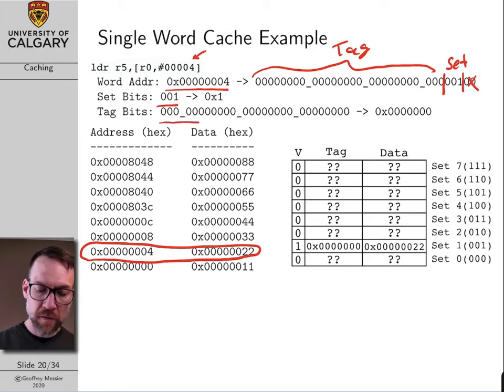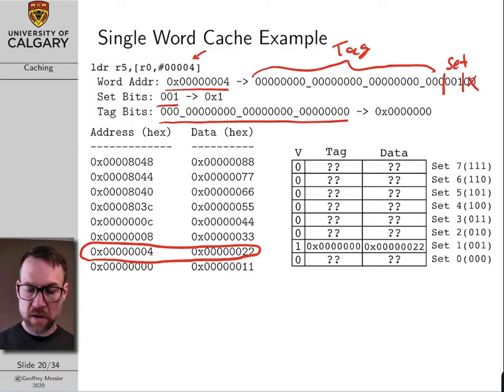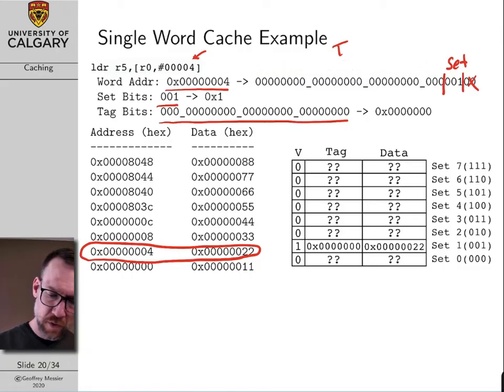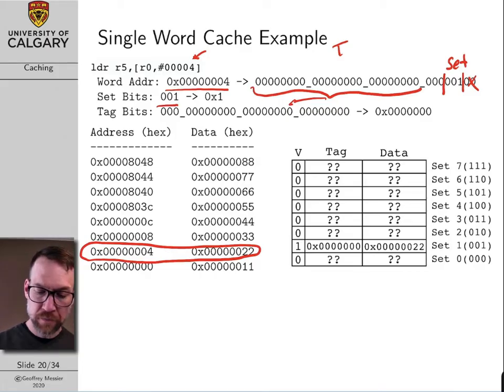Our tag bits are all 0. Just to clarify my notation here, I've taken these 27 bits and moved them down here, but changed the little underscore separator.